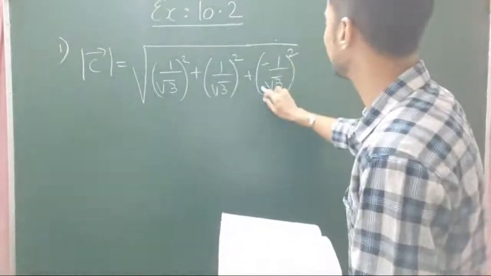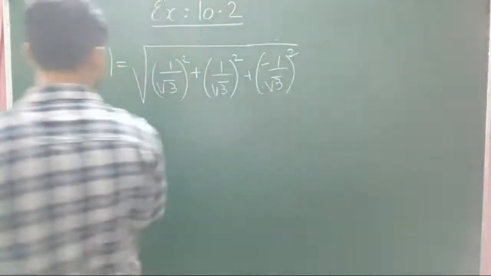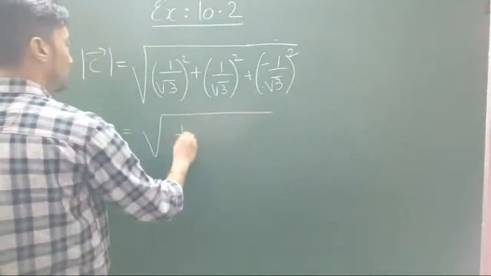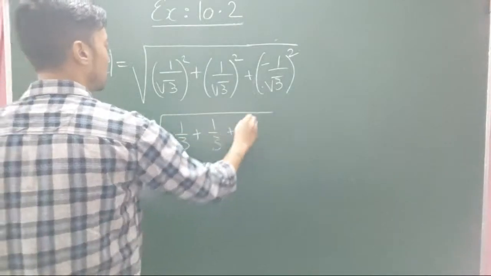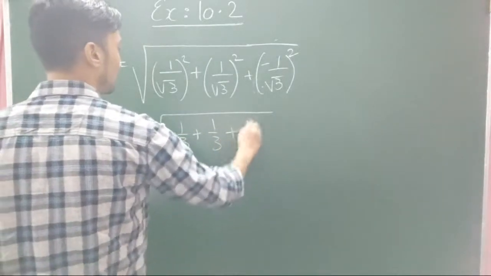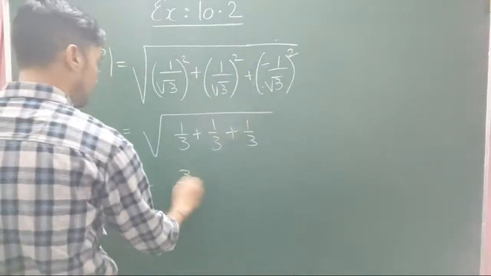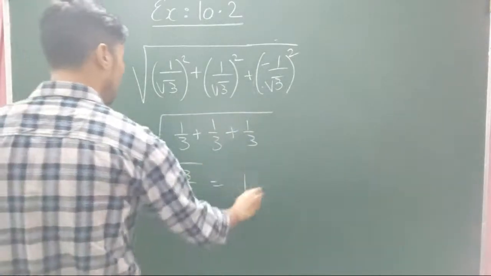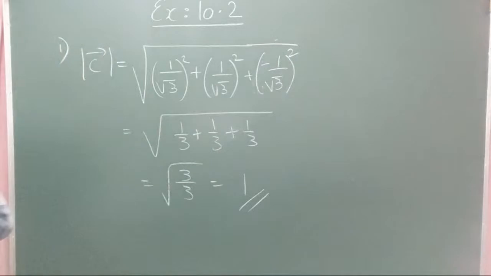Of course, the sign won't make a difference. So that will be 1 by 3 plus 1 by 3 plus 1 by 3. That's 3 by 3, so its magnitude, of course, would be 1.